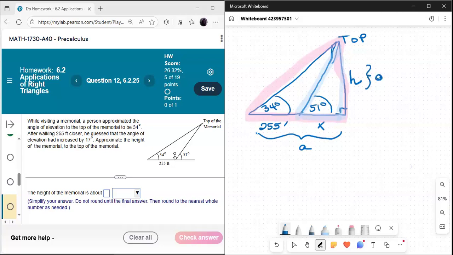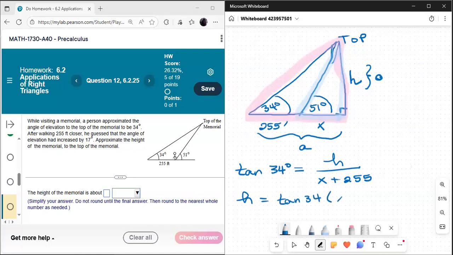We know that tangent of 34 degrees is equal to opposite, which is H, over the adjacent, which is X plus 255. If we solve for H, we get tangent 34 times X plus 255.